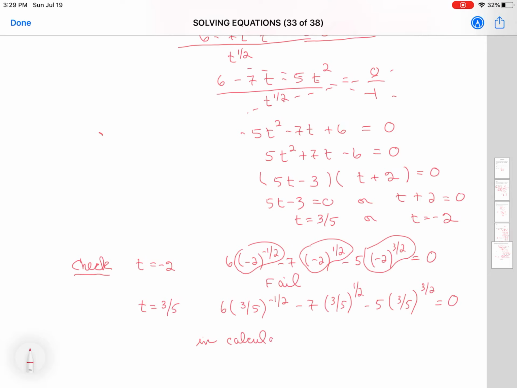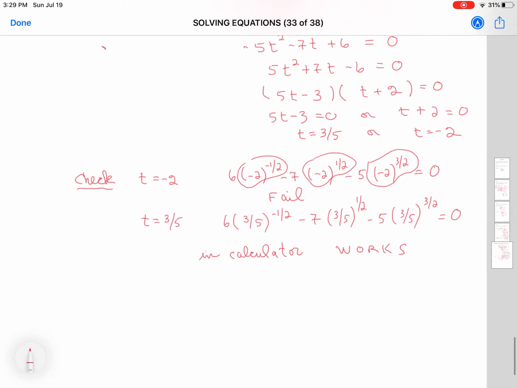So we need to actually put this in a calculator, and we're going to find out, if we do all this, that it does work. So this one works, meaning that we have actually found an answer, which is of course left to you to verify if you have the heart to putting those numbers into this equation.